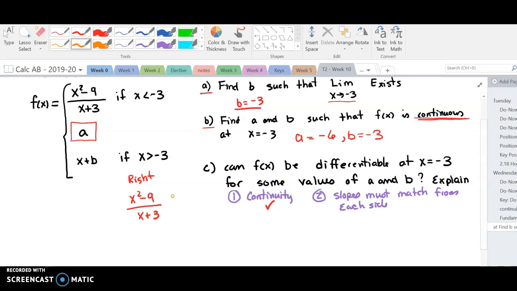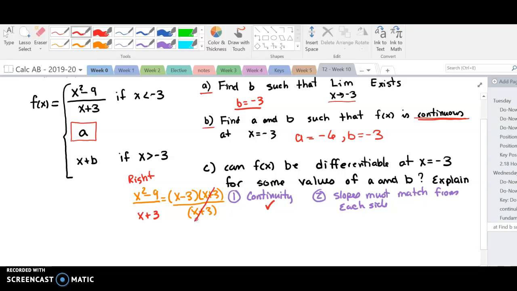But instead, if we think about factoring this, it factors into (x minus 3)(x plus 3) all over (x plus 3).